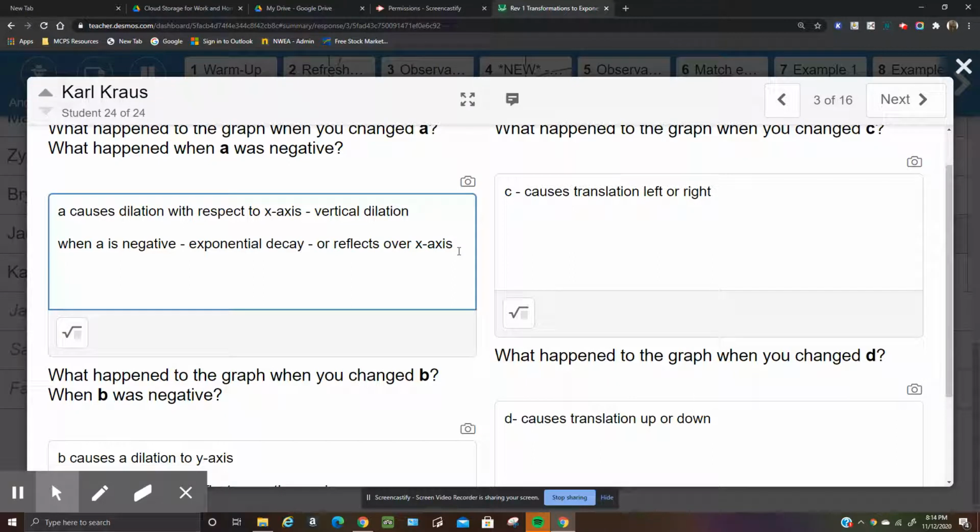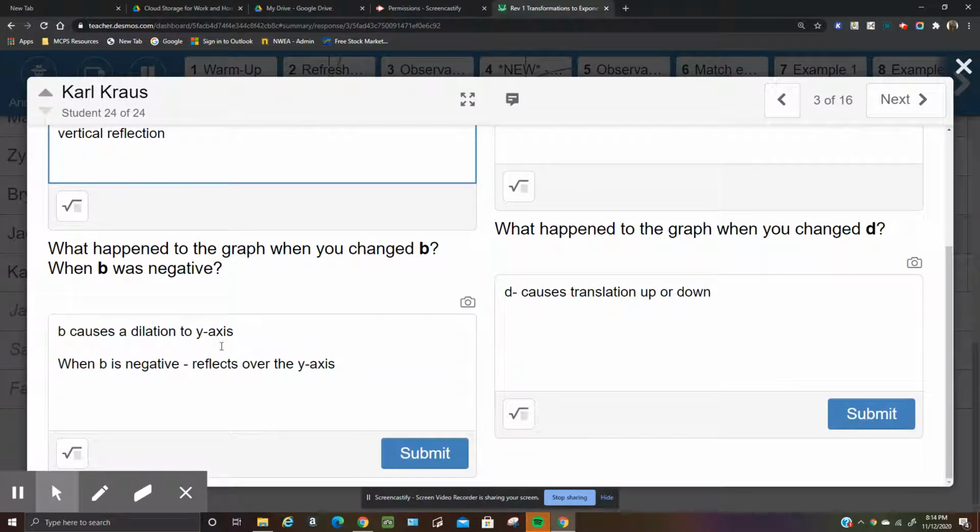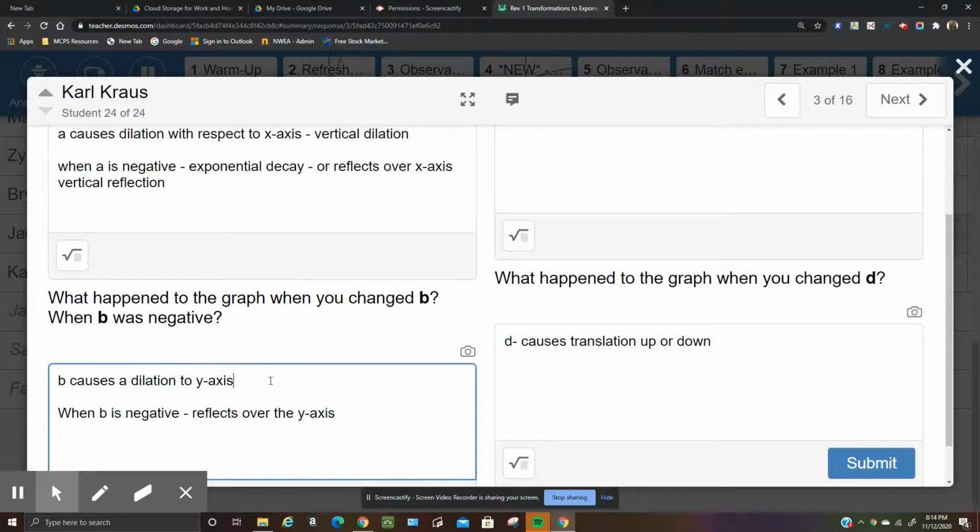And in slide 6, that's called vertical reflection. And b causes dilation with respect to y-axis, or horizontal dilation. Reflect over the y-axis would be horizontal reflection.